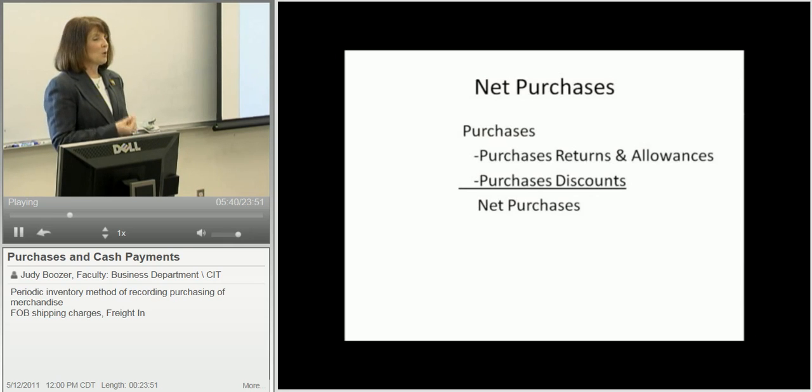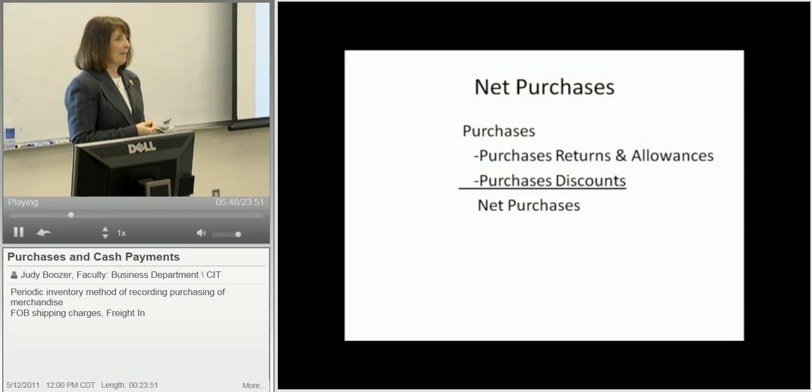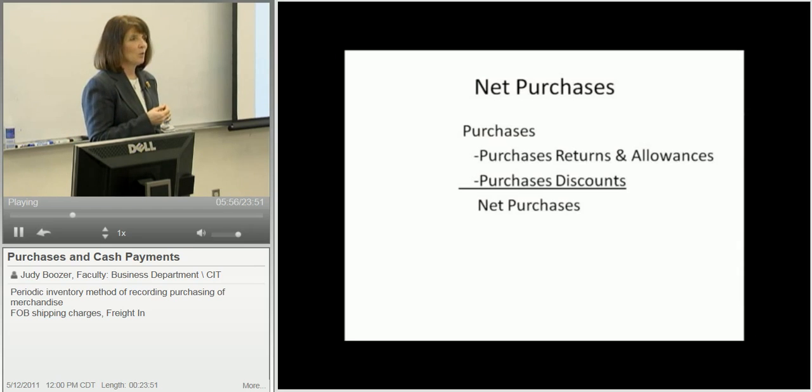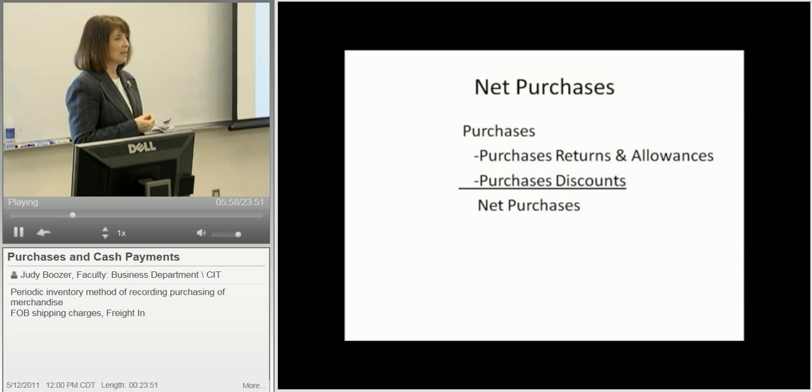When you subtract both of those from the gross purchases, you arrive at something called net purchases. Now, purchases return and allowance, purchases discount. What kind of accounts do you think those are? Based on what you already know.